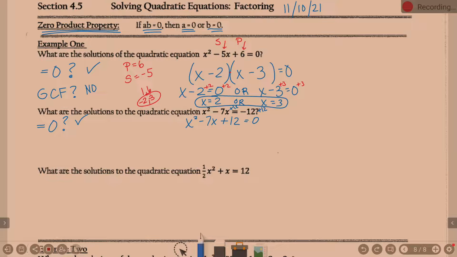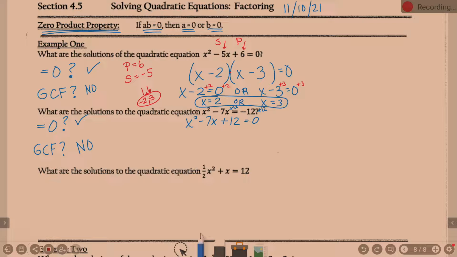So now, my next question is, is there a greatest common factor? No. So now what? Put in your pencils. You factor it. So no GCF.